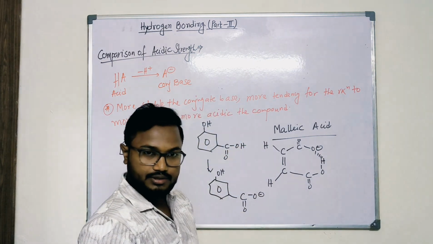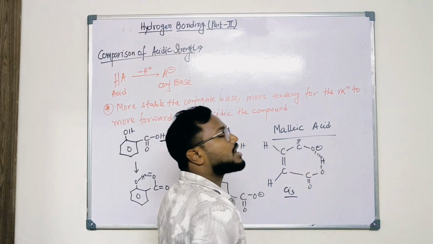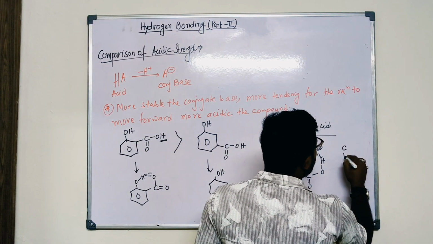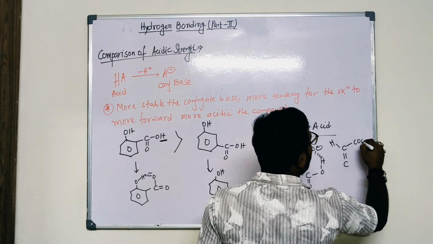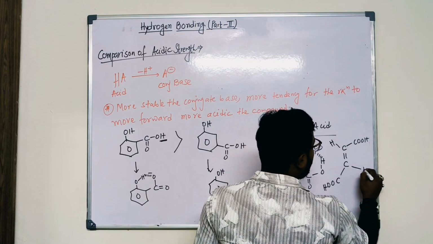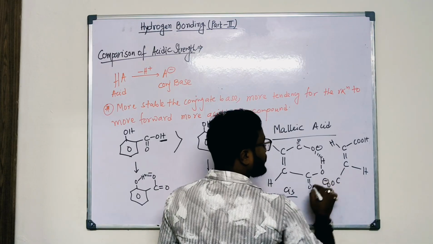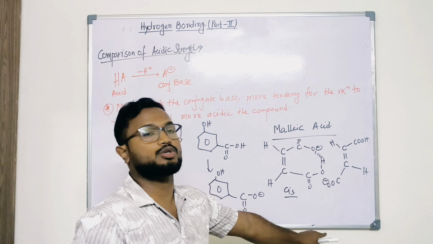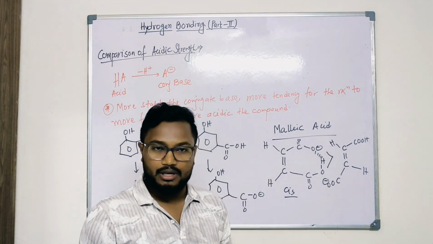This is maleic acid, a cis product, same side, so it is cis. Its trans product is fumaric acid. In fumaric acid, the arrangement is C double bond C, hydrogen, here COOH is connected, and here COOH is connected, here hydrogen. In either case it becomes O minus. So here, no chance of hydrogen bonding. As there is no chance of hydrogen bonding, maleic acid is more acidic than fumaric acid.